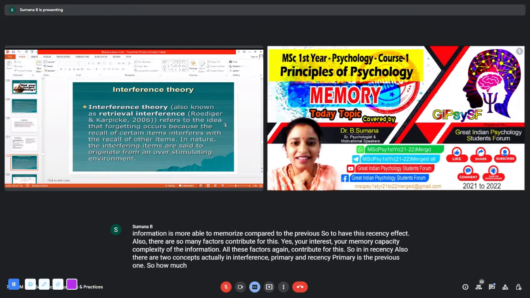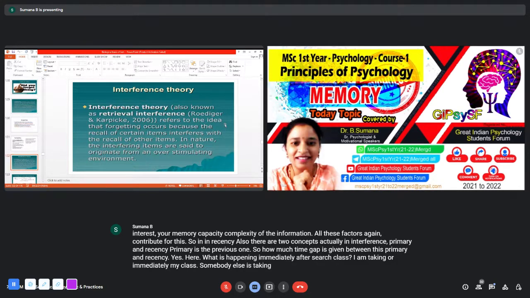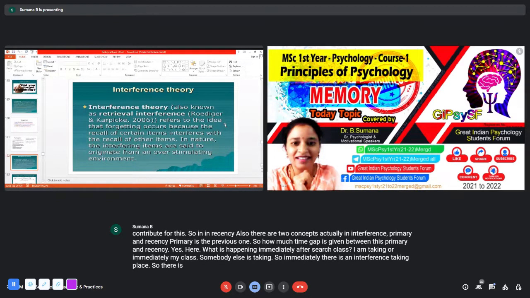So how much time gap is given between primary and recency? Immediately after sir's class I am taking, or immediately after my class somebody else is taking, so an interference takes place immediately. So there is a high chance of remembering the recently learned information.